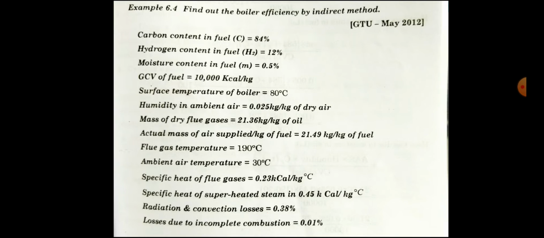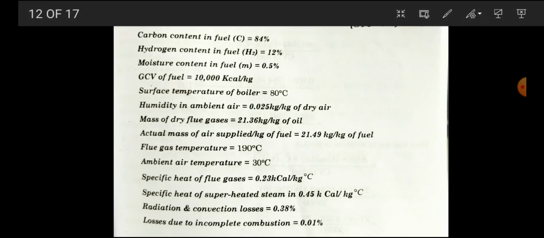In this, carbon content is given in percentage, hydrogen content is given, moisture content in fuel is given, the gross calorific value of fuel is given, then the surface temperature of the boiler, then humidity, and all the parameters are given. So we need to find all the losses one by one.